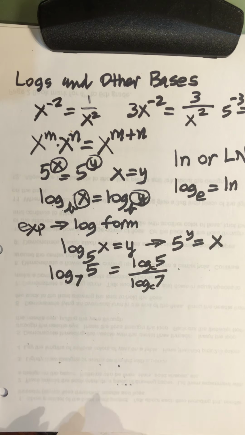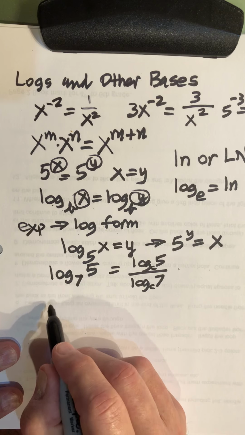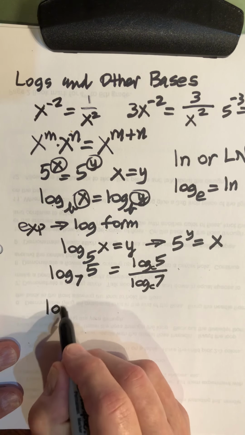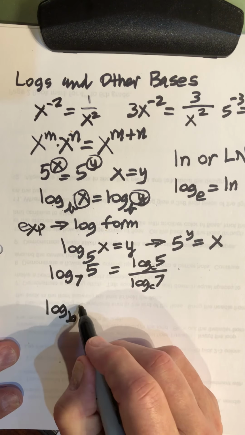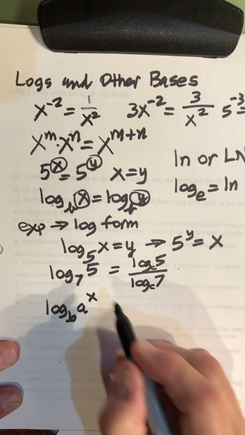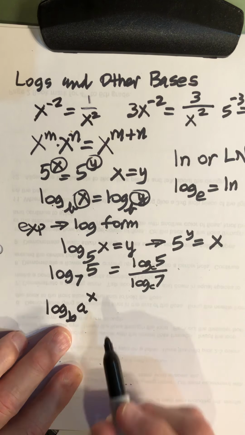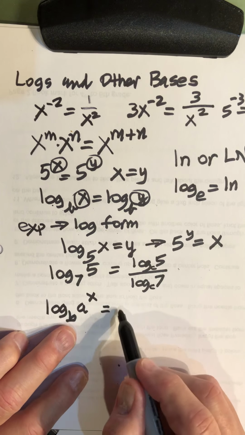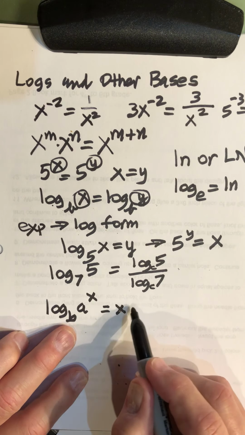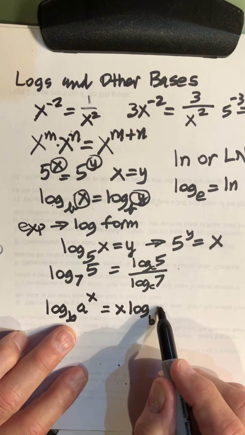All right? Remember how the exponent works. If you have log base b of a raised to the x power, then that is equal to x log base b of a.